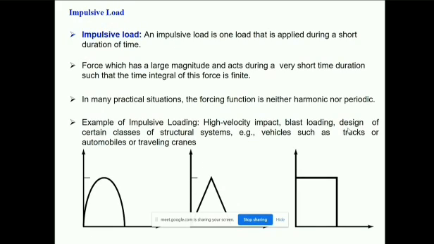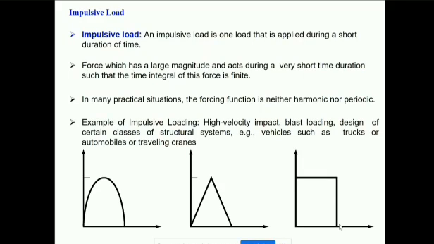Let's have a look, as a principle, at what an impulsive load is. An impulsive load is one that is applied during a short duration of time. That is the specialty of the impulse. There are some kinds of impulsive load, which we have just tried to show. It may be a very small interval, and the load can be like this, or it may be triangular, or rectangular, but it will act over a very small interval of time.